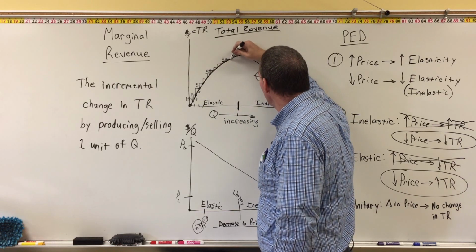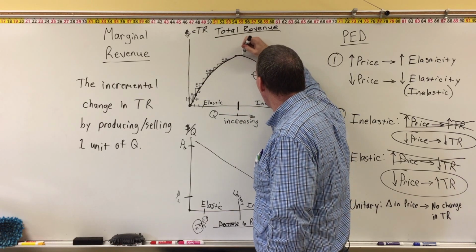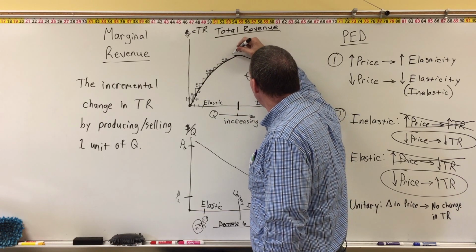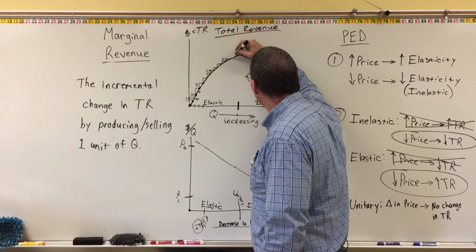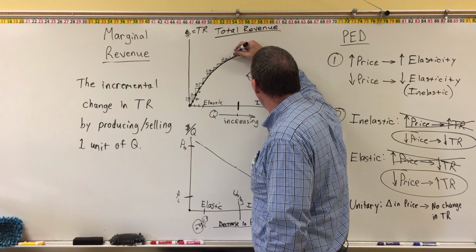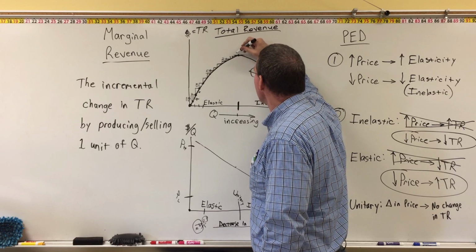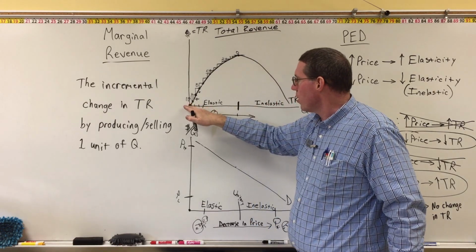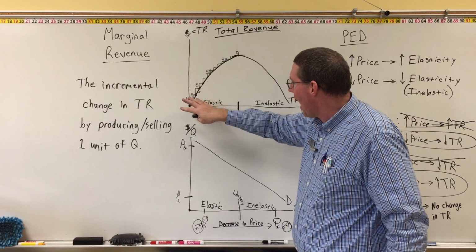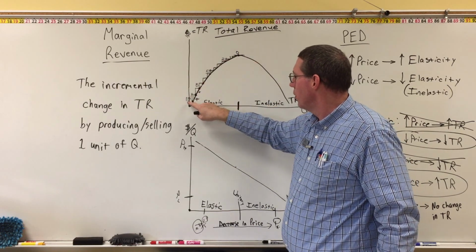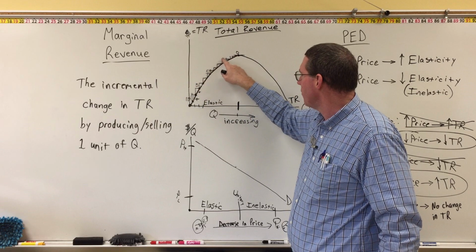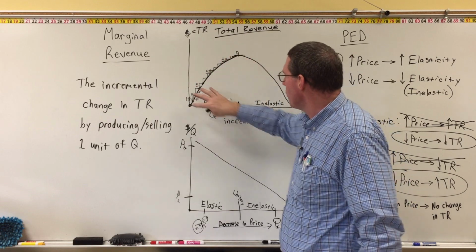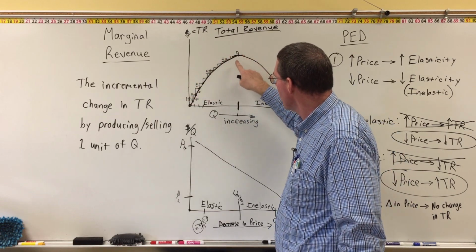And eventually, when it becomes flat, total revenue might at first be increasing by 1, but then here it's not increasing at all, so it has a 0 increase. So the amount added on to total revenue could be 10, then 8, then 5, then 2, then 1, then 0. So these are all positive numbers.